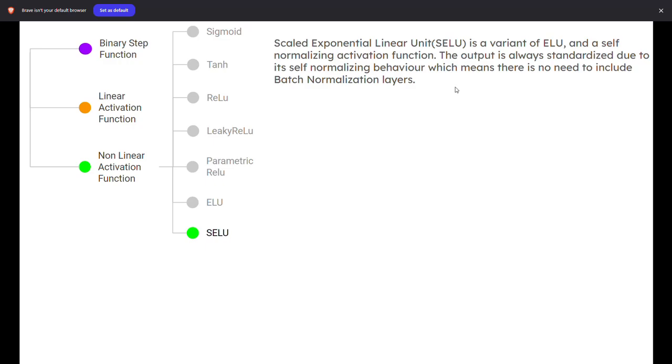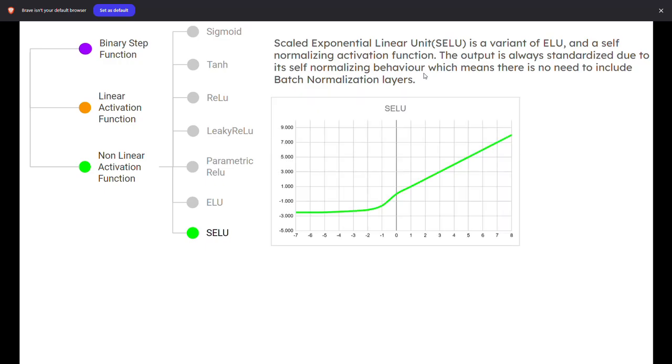Here the output is always standardized due to its self-normalizing behavior. So the graph is basically like this. There is a slight bend when it reaches the negative value, from 0 to 1, 2, 3, slightly bends, and then it's smooth again.